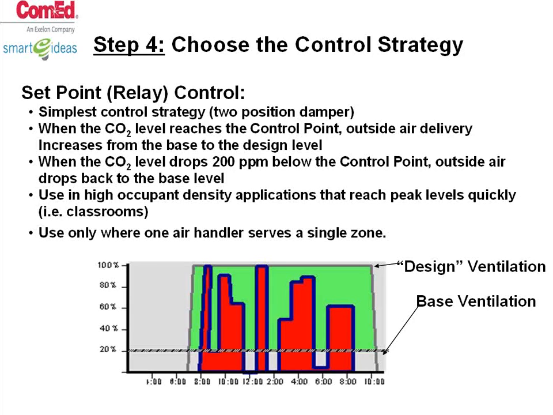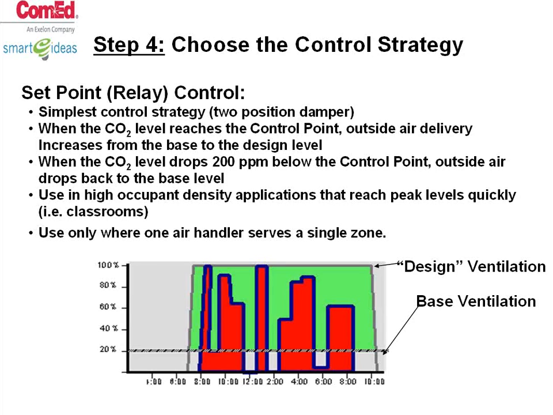There's three major ways to control based on CO2. The first is set point control, which is relay control, and it is the older, simpler way to do it. We don't use this very much anymore unless we're putting it on a retrofit on, say, constant volume rooftop units. A lot of times those economizers have the ability to take an override signal. It's basically on-off control, right?